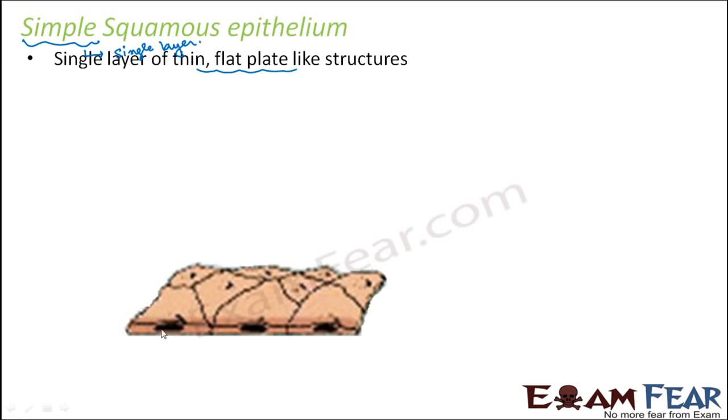So these thin plate-like cells, when they are arranged in one single layer, are known as simple squamous epithelium. One of the characteristics of these epithelial cells is that the nucleus in their cells is flattened and oblong. Here you can see the nucleus, quite flattened and a little oblong in shape.